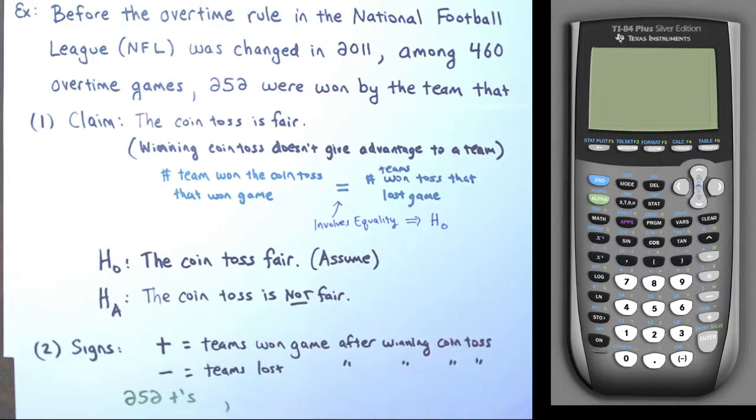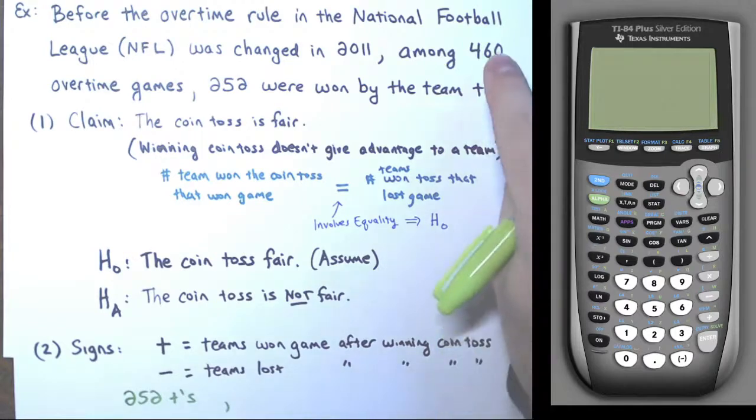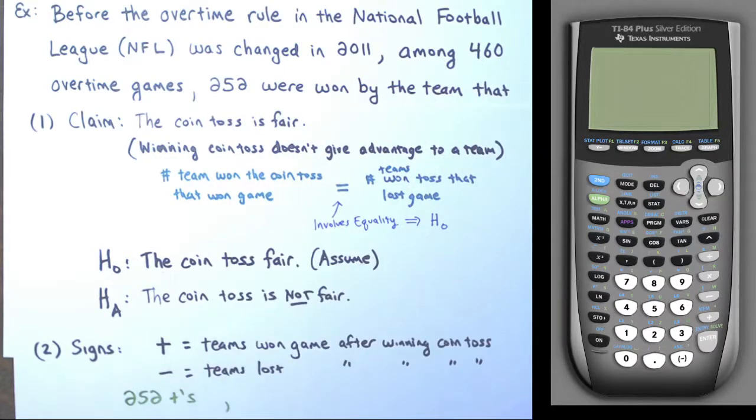They didn't mention anything about ties. So the remaining games were lost by the team that won the coin toss. So 460 minus 252 would be 208. Right? So there'd be 208 minuses. Right? 208 teams that won the coin toss but still lost the game. And again, no ties. We're not worried about ties here.